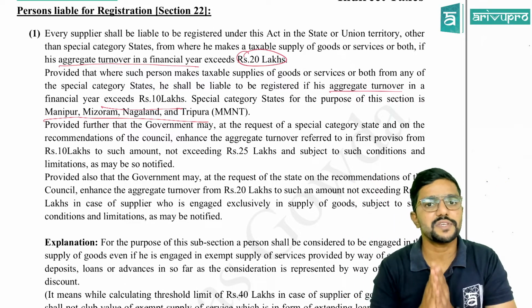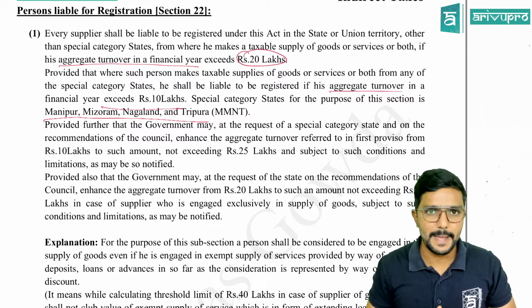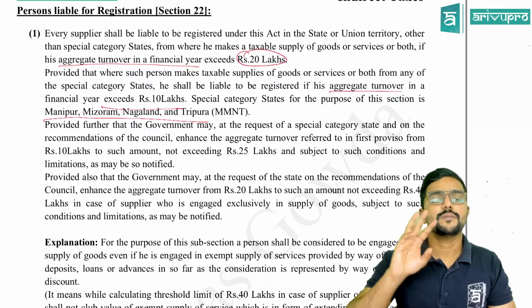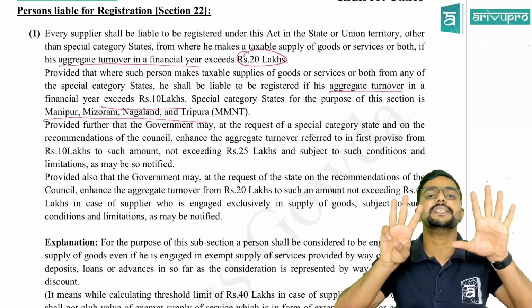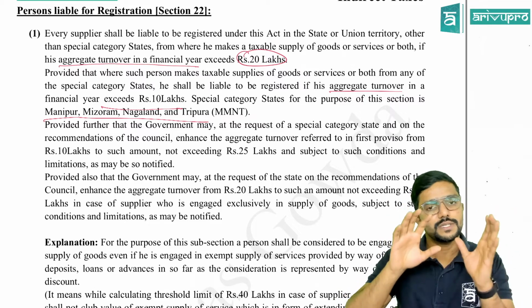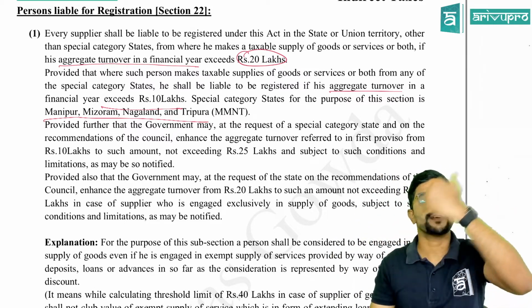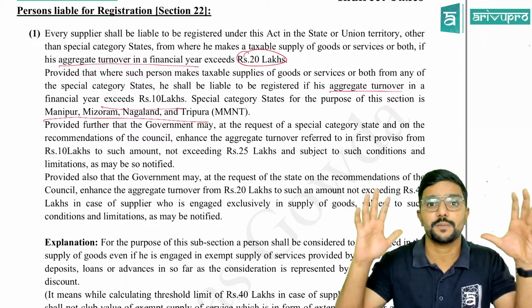But under Section 10, special category states means 8 states, for whom the aggregate turnover limit under Section 10 is 75 lakhs, whereas for all other states and union territories it is 1.5 crore. Hope you guys remember it.